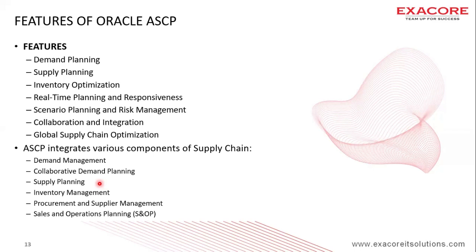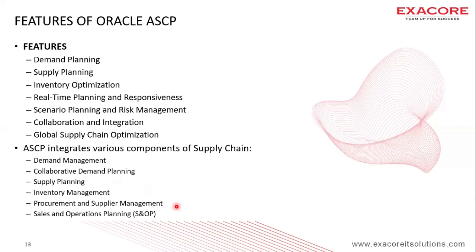Similarly, coming to inventory management, the inventory balances across the supply chain will be maintained. ASCP will use that data to plan in optimizing the working capital while meeting the service levels. Coming to procurement and supplier management, which is very important because suppliers are the key partners who provide us with materials, ASCP will also collect data from supplier performance monitoring and supplier collaboration.